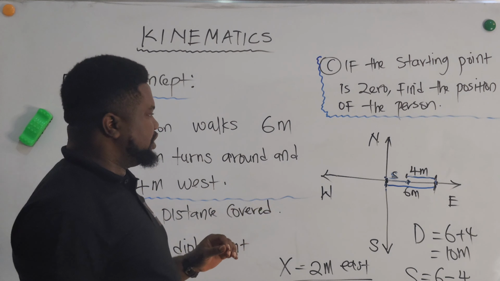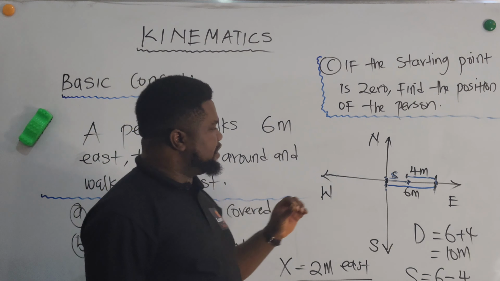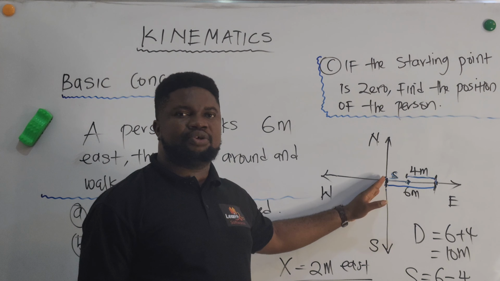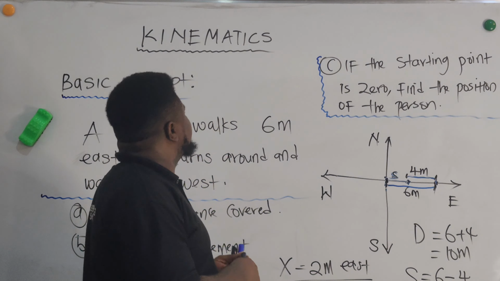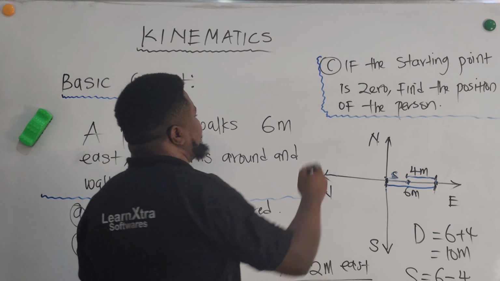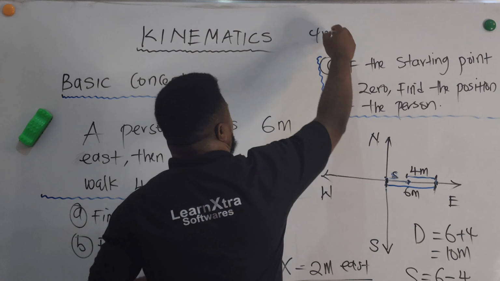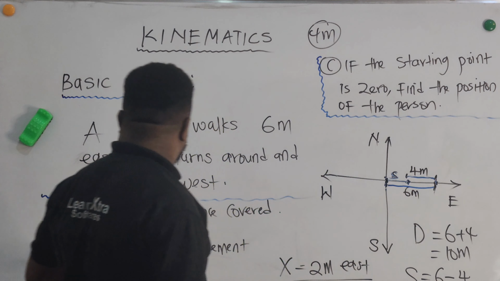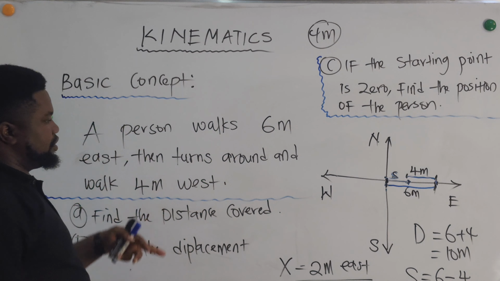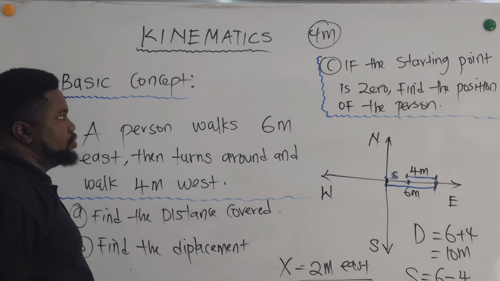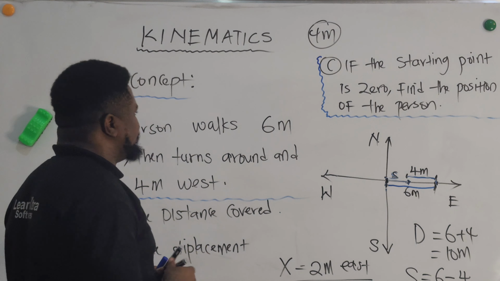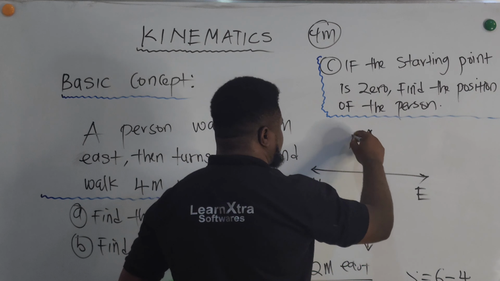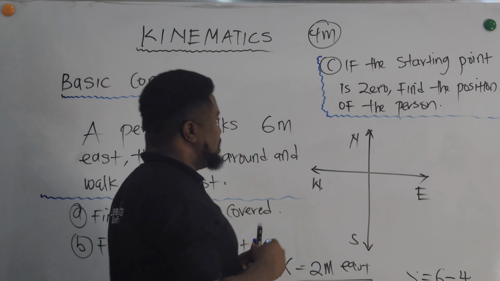Now let me explain more on this. What if this person did not start from the origin? What if he started from 4 meters east and made this movement? What will be his position? What if, I'm asking you now, east, west, north, and south?